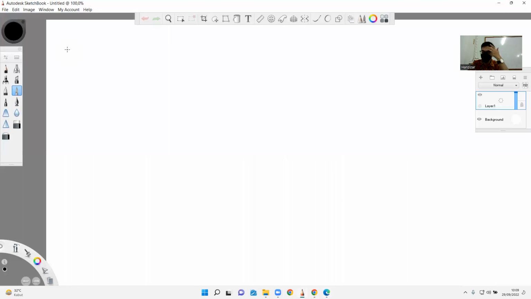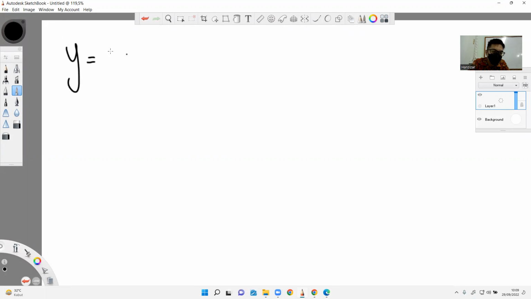here, I will give you one example. Given that the line or the function is, let's say, y equals, if you can see it clearly, y equals 2x minus 3.